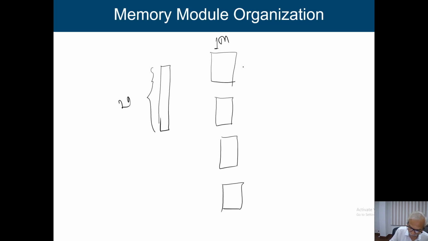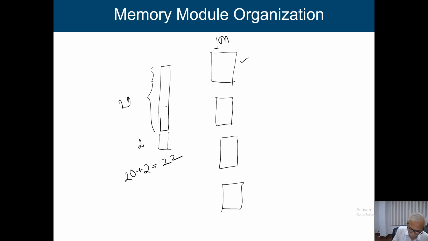At any point of time I am going to work with one particular bank only. So to select any one of these 4 modules, I need 2 bits of additional information. So the size of the address bus will be 20 plus 2, which is equal to 22. This is the way that we are going to connect it.